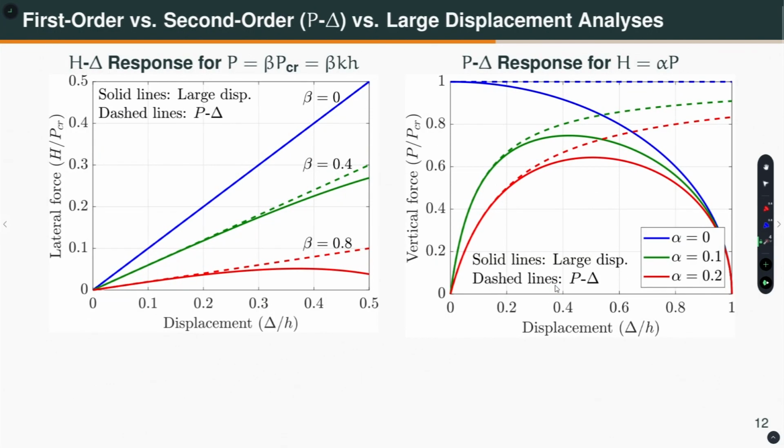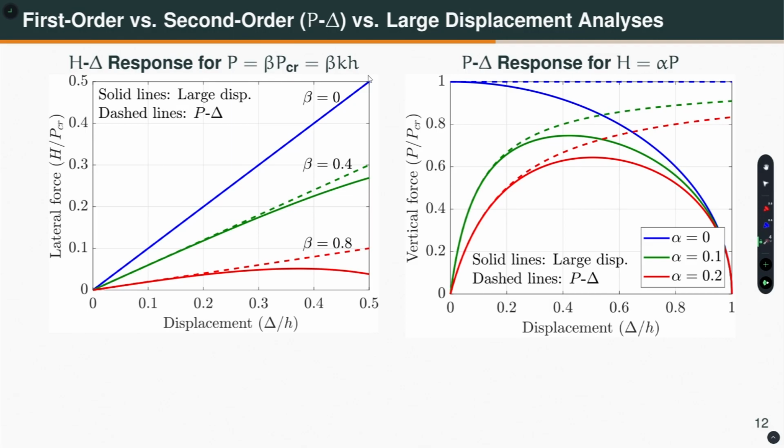Okay. So, if I look at the H horizontal force versus delta relationship, where I am applying a certain percentage of the critical load, which is kh from the simplified P delta analysis. If I express this P as some factor beta times kh and plot the lateral force versus displacement when there is no load, or there is load but you are doing a first order elastic analysis, then this is the lateral force versus displacement relationship.